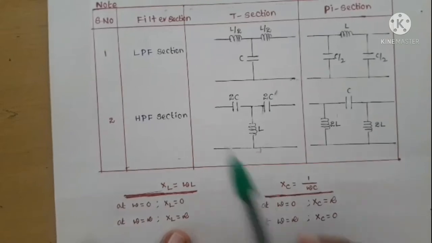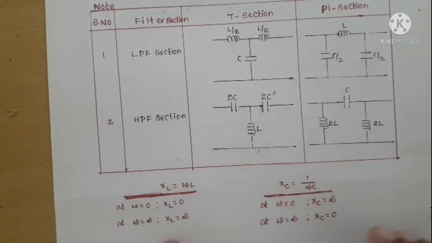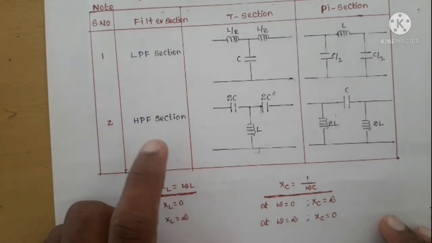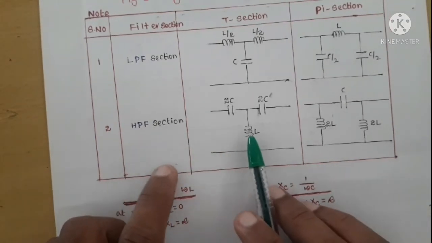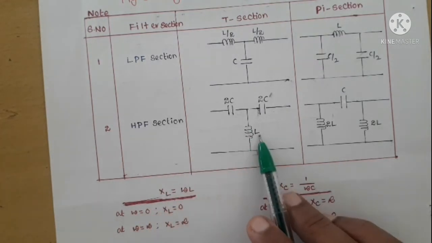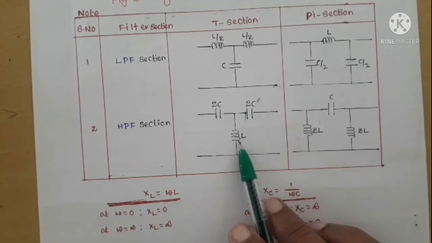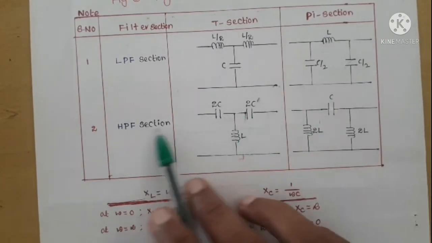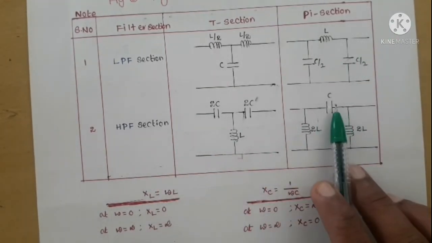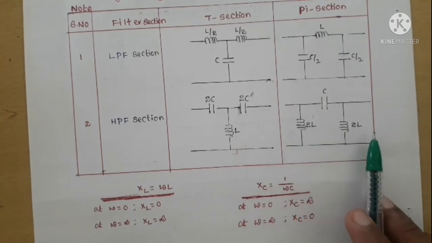Similarly, for the high pass filter section, if you represent it in the form of a T section, the capacitor values are 2C, 2C and L. If you represent that high pass filter section as a pi section, the capacitor value is C, but the inductor values are 2L and 2L.